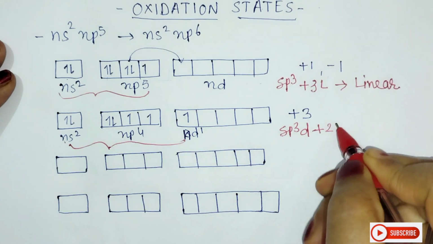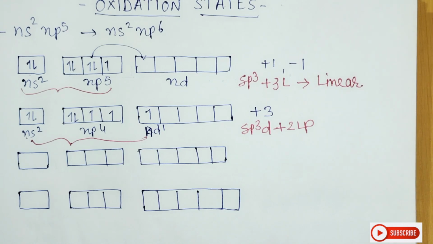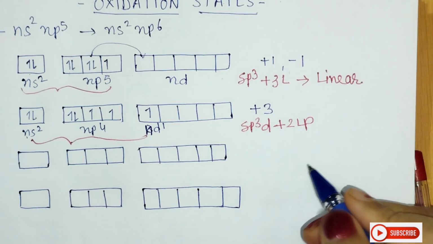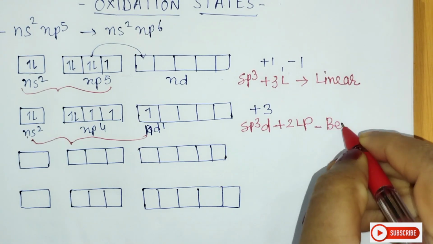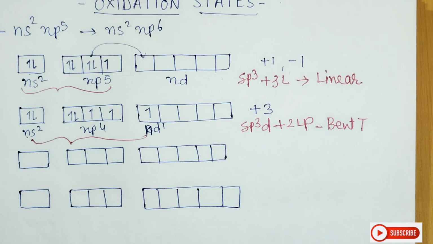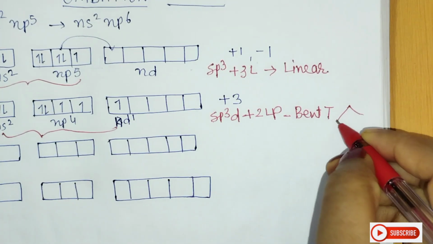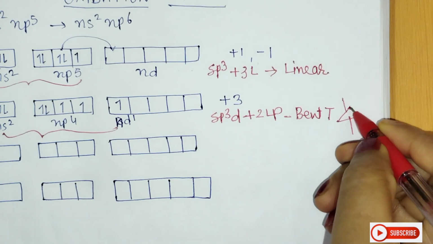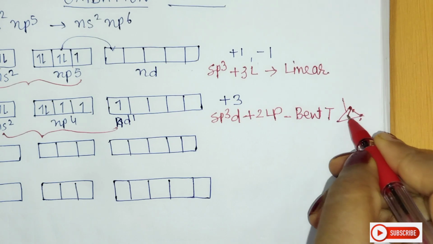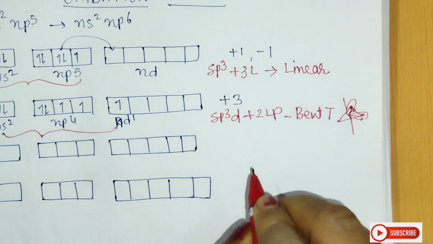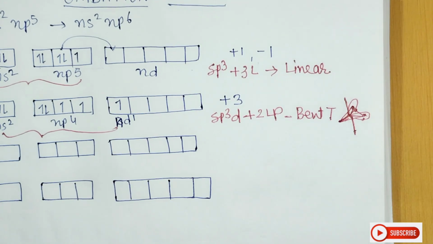So with 2 lone pairs, the geometry will be trigonal bipyramidal, but as there are 2 lone pairs present, the geometry will become bent T. Bent T because of the 2 lone pairs. How will it be, students? This is the regular geometry it will have, and as there are 2 lone pairs, one at this position and the other at this equatorial position. So the 2 lone pairs will be like this and the geometry will be bent T.